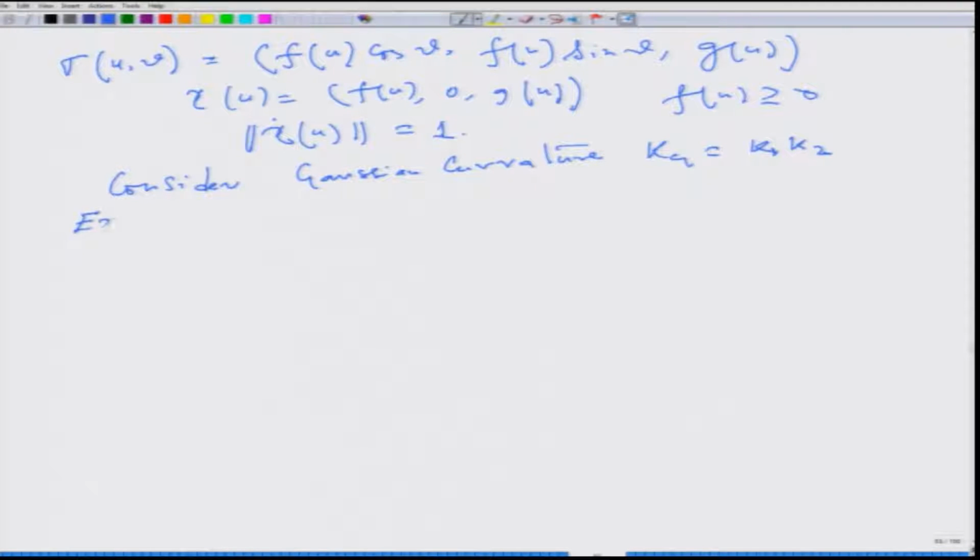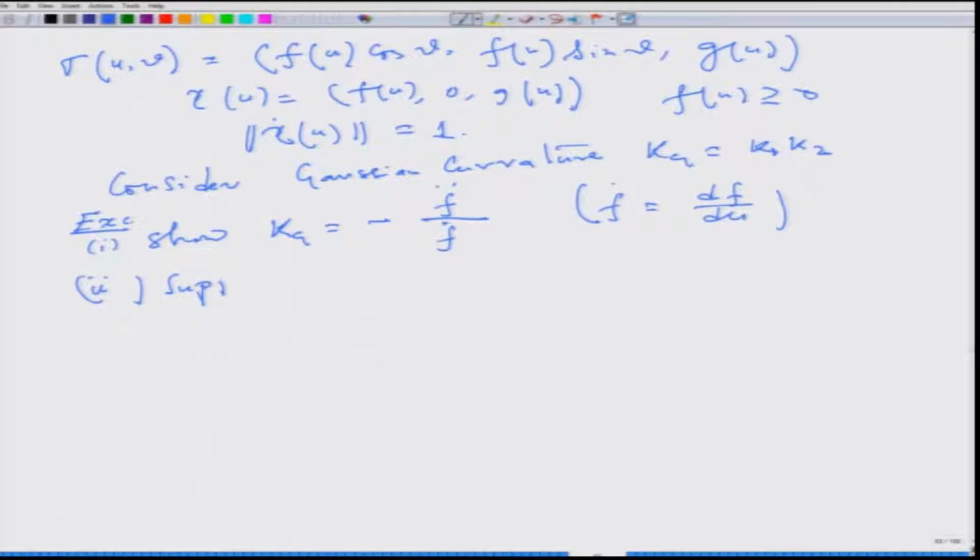Exercise first, show K_G is minus f double dot over f, where f dot is df/du with respect to u. This will be easy. Second is also easy, but be careful while doing this part.